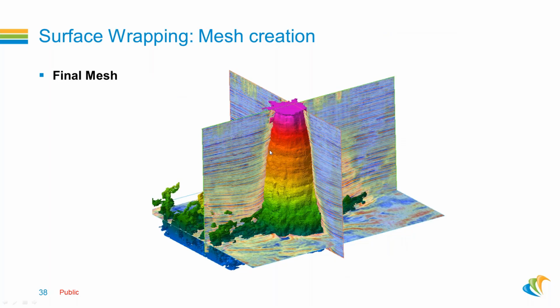It's just building the mesh using the different constraints that we applied before, and automatically the software will create this salt body. This is the display with the amplitudes co-rendered with the horizon orientation, and the resulting salt body automatically created with just a few clicks in this picture.